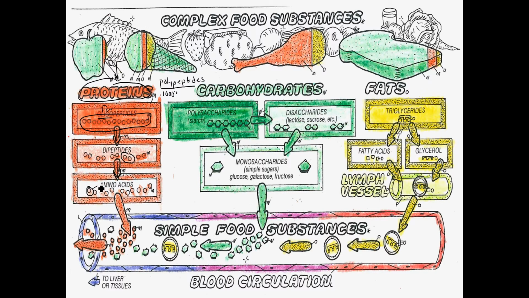And again, each individual circle represents an amino acid, because that amino acid is what is then absorbed into the bloodstream and then transported to the cells. Now, in some cases we actually will ingest amino acids, but the majority of protein that we ingest is in the form of this oligopeptide or polypeptide level structure.